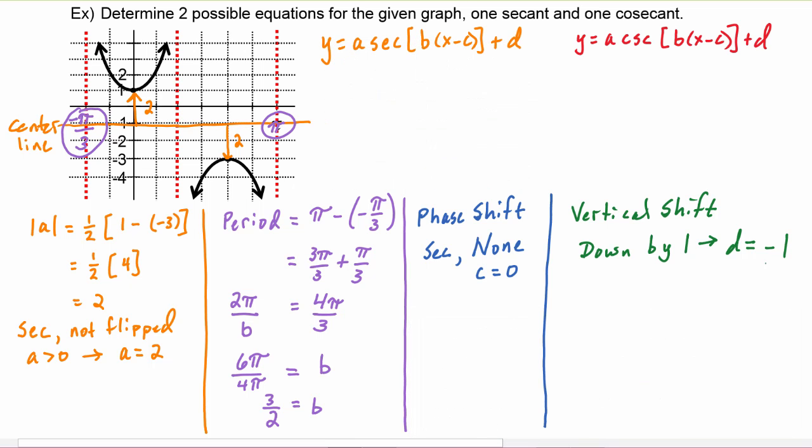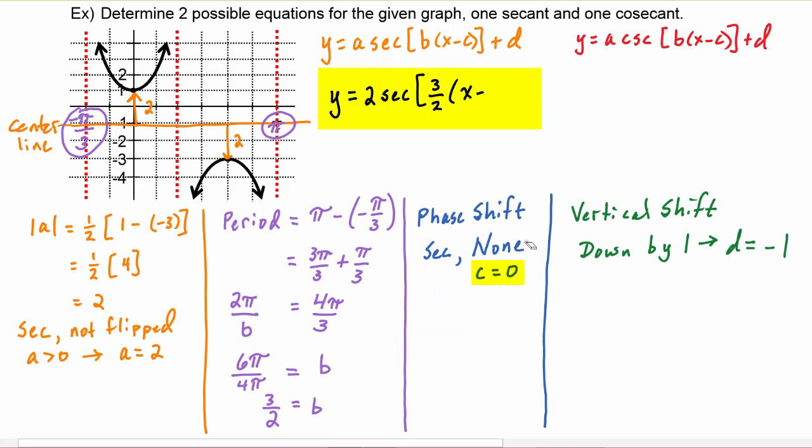Now we're ready to write our secant function. So we've got y is equal to, well, we said a is going to equal 2 times the secant of the quantity. B, coming from the period, will be the same for both graphs, 3/2 times the quantity x minus.